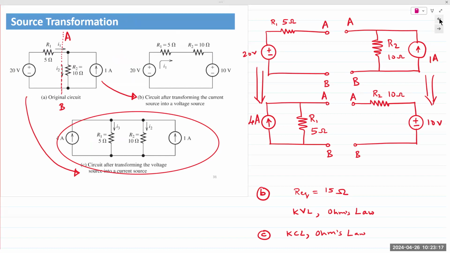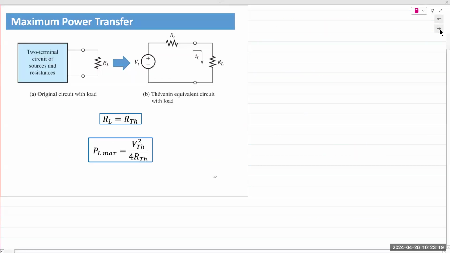All right, so as I was saying, oftentimes electronic devices have multiple circuits connected in a sequence.